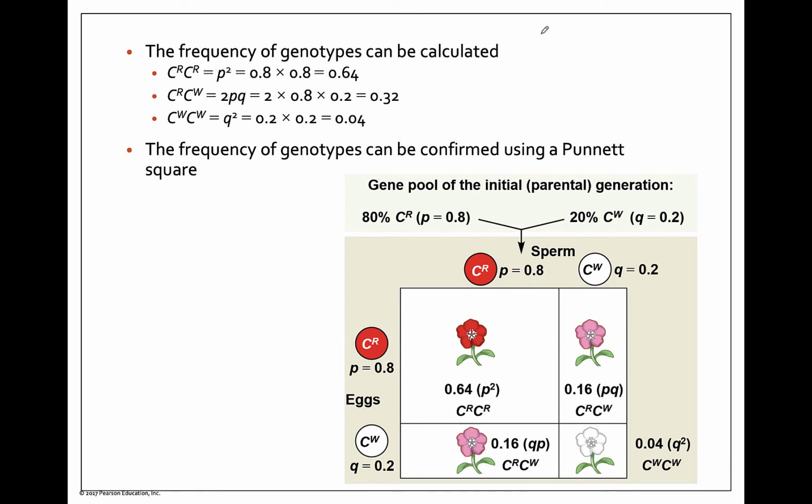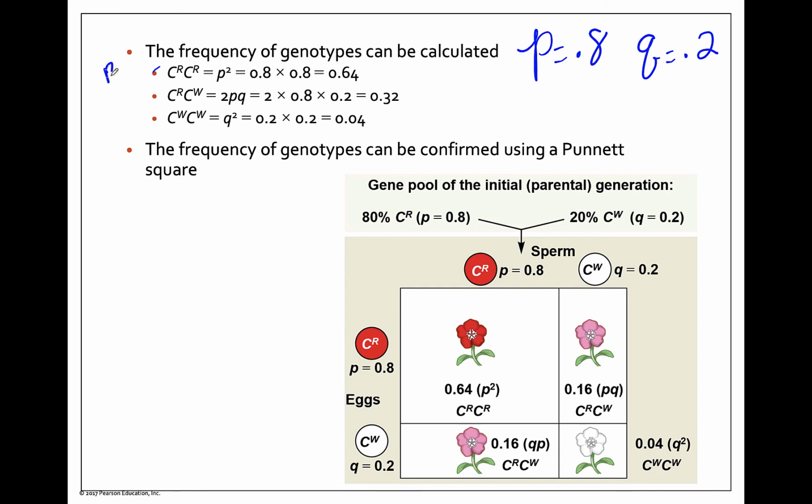All right, so let's take the allele frequencies that we had for our example where P was equal to 0.8. And from that, we figured out that Q was equal to 0.2. And we can plug them into these variables to figure out the frequency of the actual phenotypes, right?